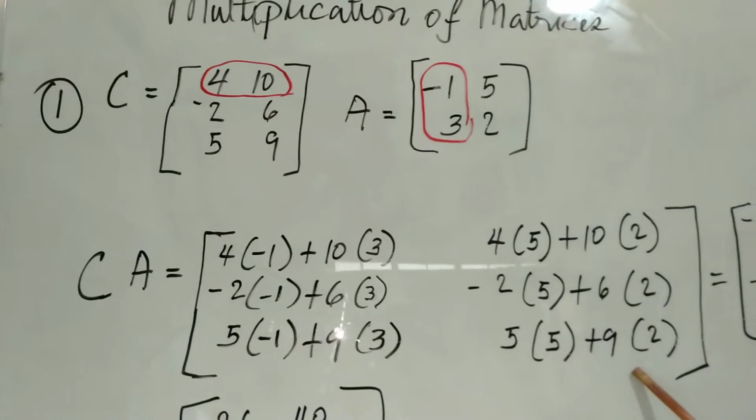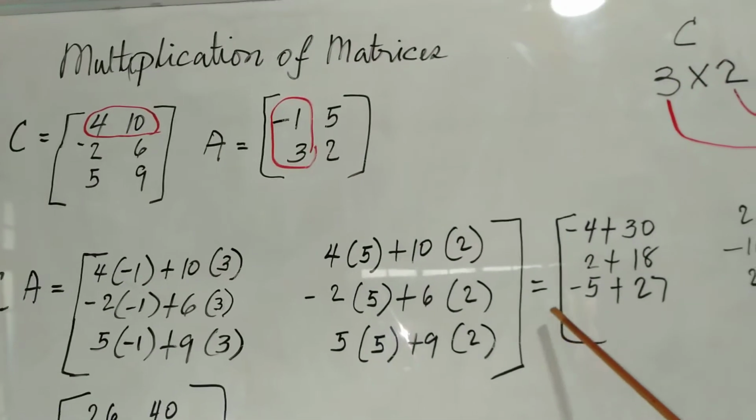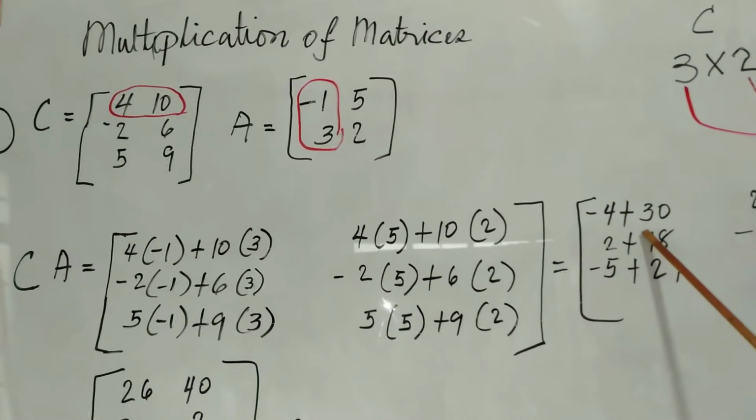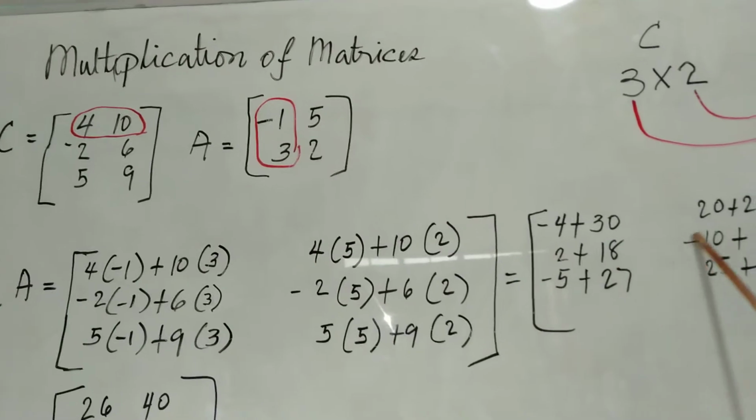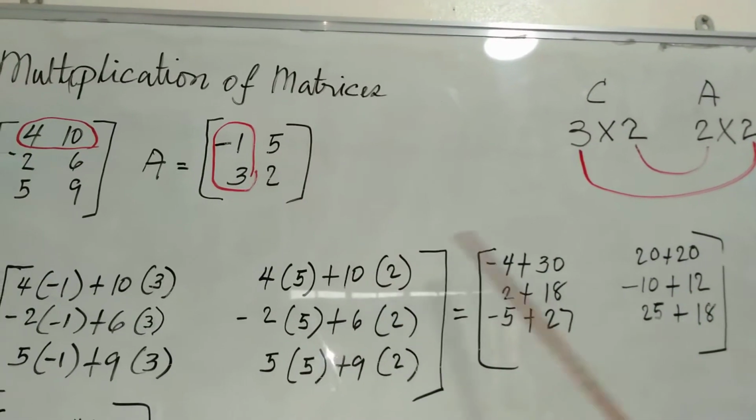So the product of multiplying the two matrices is negative 4 plus 30, and 20 plus 20. 4 times 5 is 20, 10 times 2 is 20.